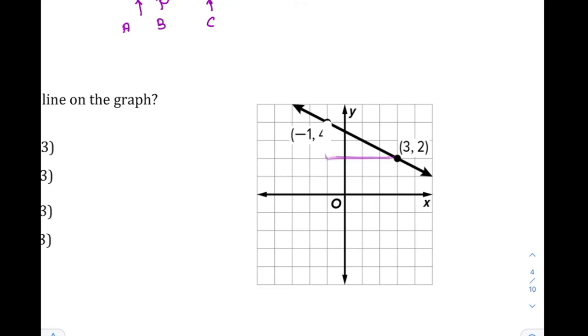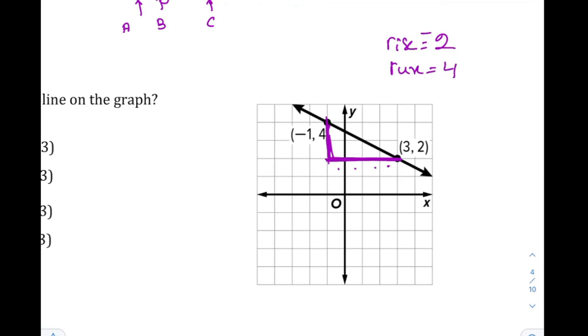So the rise here, moving from this point to this point via a vertical or horizontal line, our rise is 2, or you can say negative 2 because it's going down. Our run: 1, 2, 3, 4 to the right.